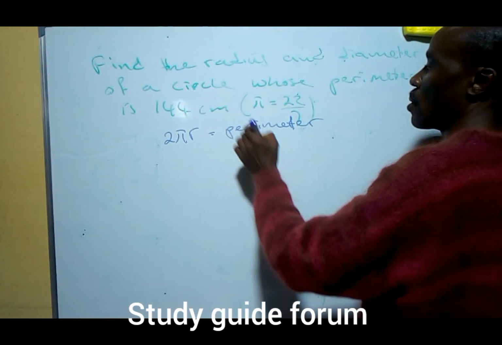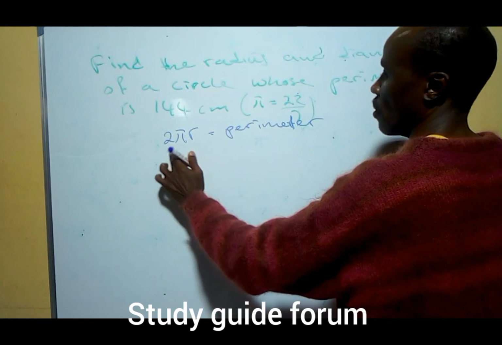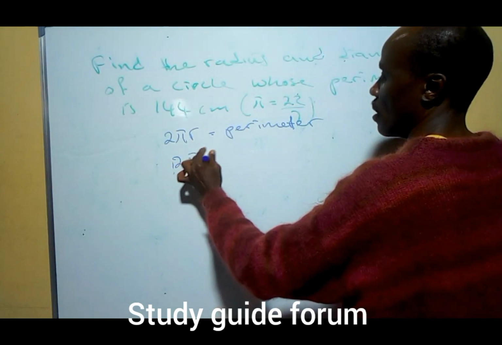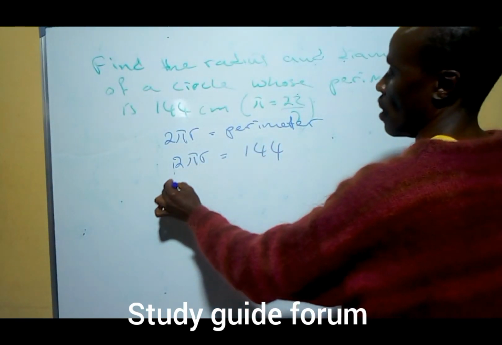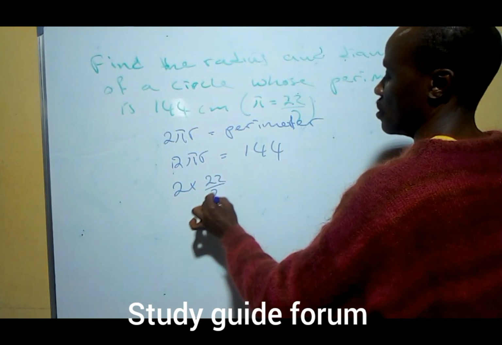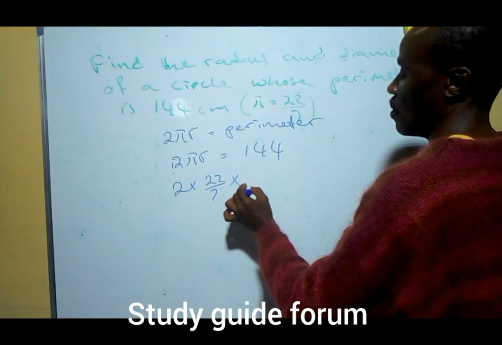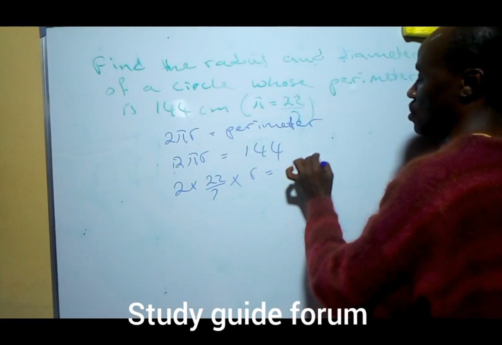So now, since the perimeter is 144, it means that 2 pi r is equal to 144. Then our circumference, our pi is what? 22 over 7, and our r is what we don't know.